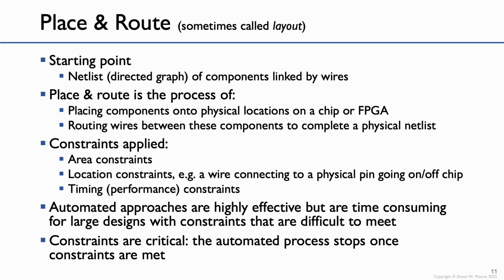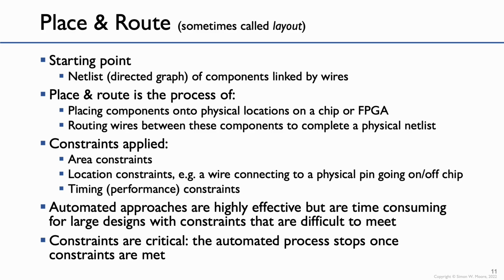We then move on to place and route, sometimes called layout. The starting point is the netlist. It's a directed graph of components, gates and flip-flops and things linked by wires. And place and route is the process of placing all those components into physical locations on the chip, or FPGA, and then routing the wires between these components to complete the physical netlist in the most optimal way possible.